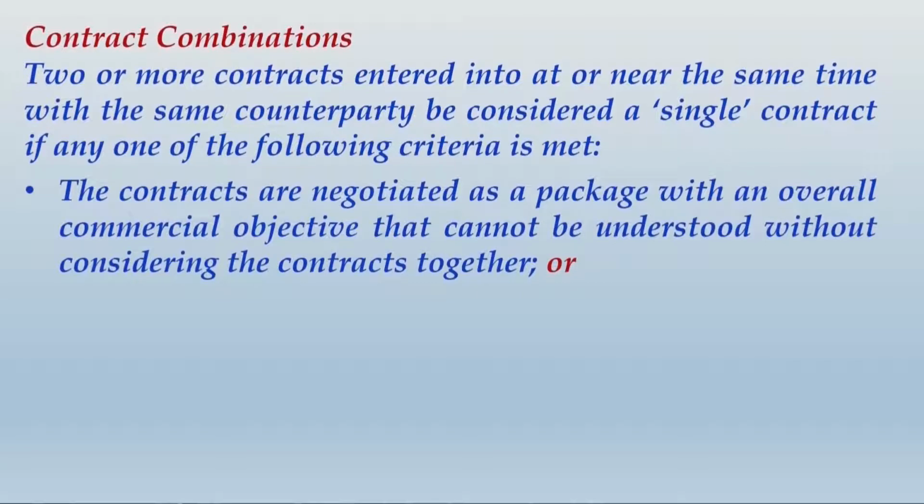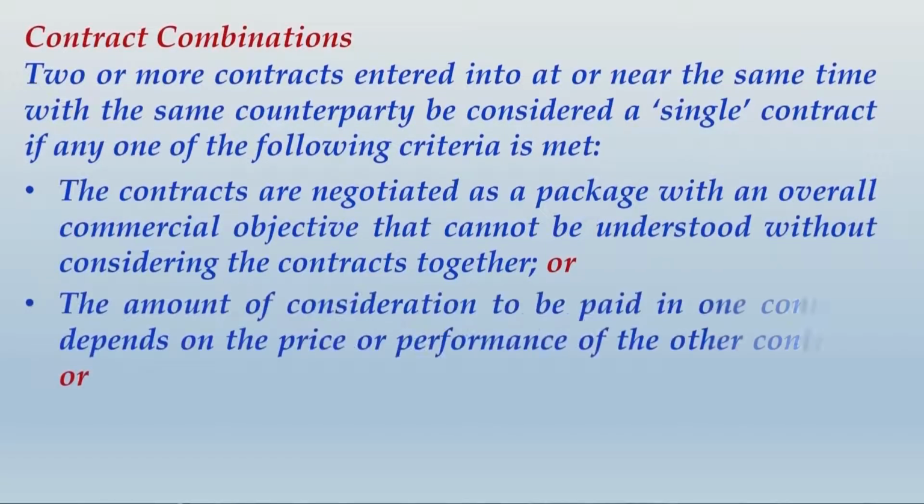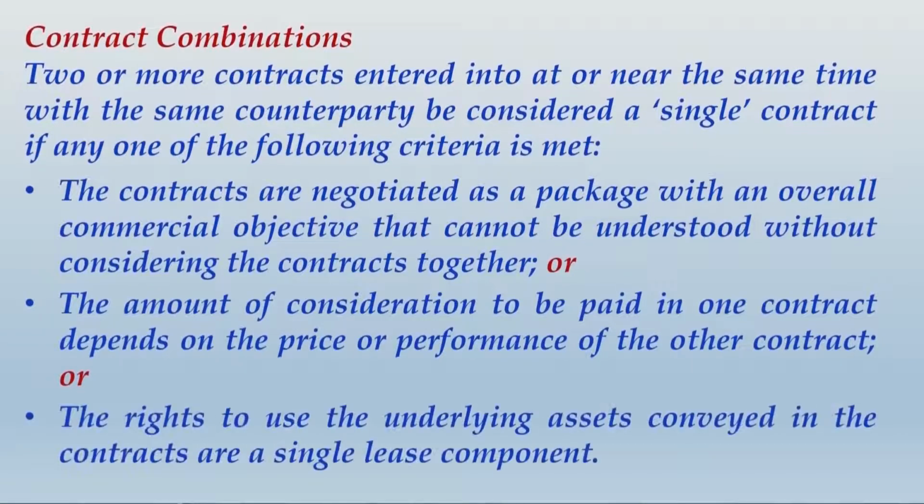First criteria: the contracts are negotiated as a package with an overall commercial objective that cannot be understood without considering the contracts together. Or second, the amount of consideration to be paid in one contract depends on the price or performance of the other contract. Or third, the rights to use the underlying assets conveyed in the contracts are a single lease component. So friends, write this much quickly and then we shall move ahead.